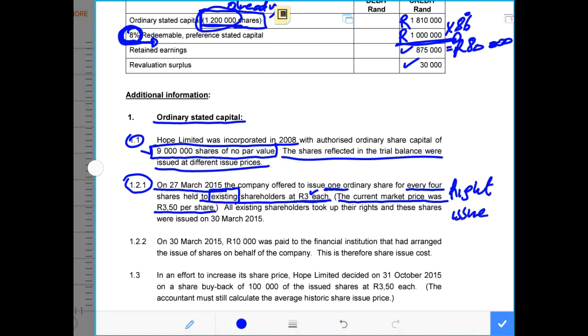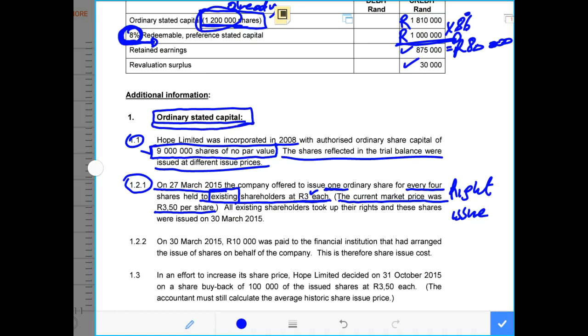So now let us just calculate how many shares will be issued as the right issue. First, we need to ask ourselves how many shares are already issued in terms of ordinary. Remember, right issue is only with regard to ordinary shares, not preference. And under number 1, we are dealing with the ordinary stated capital.